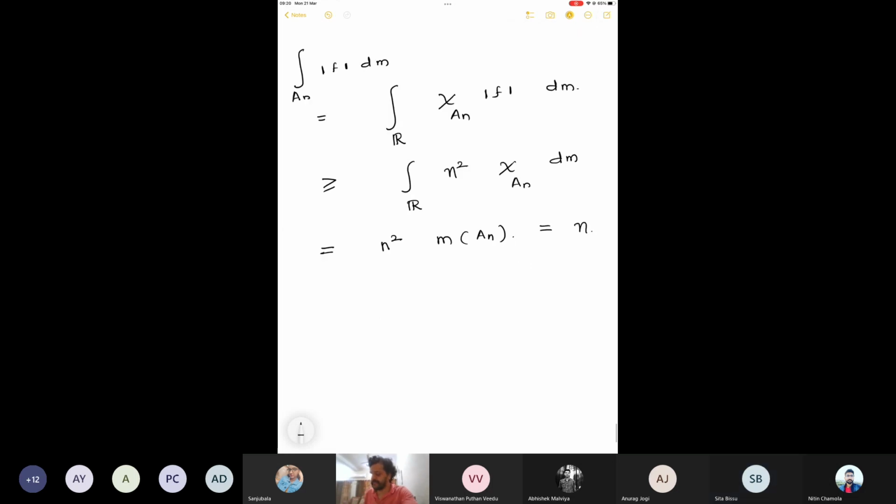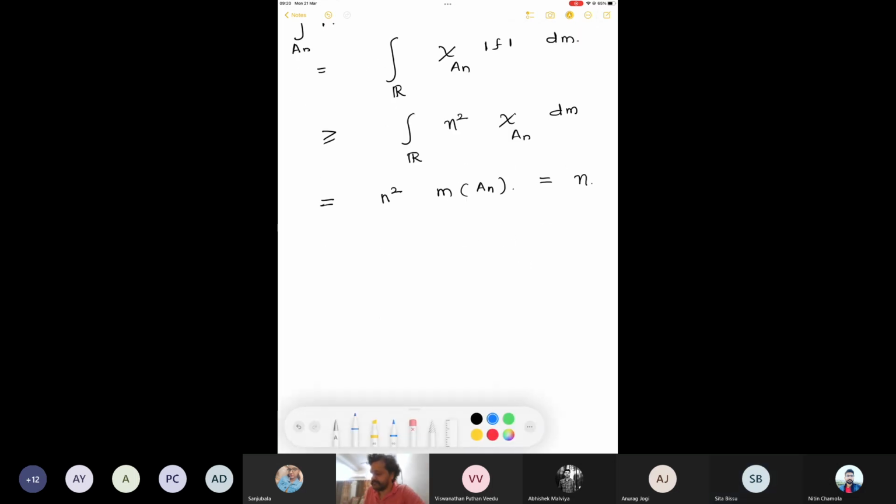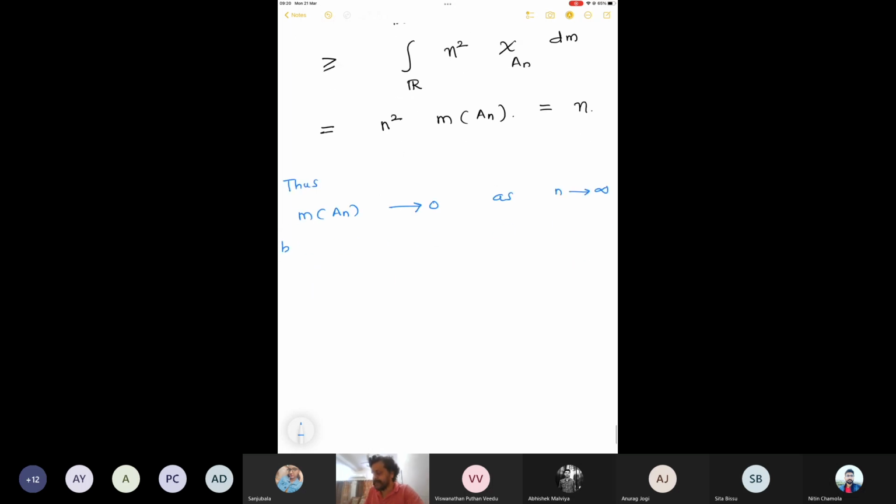Yes, sir. Thus, measure of An tends to 0, in fact, as n tends to infinity. This is just a simple example, but integral over An of mod f dm tends to plus infinity.